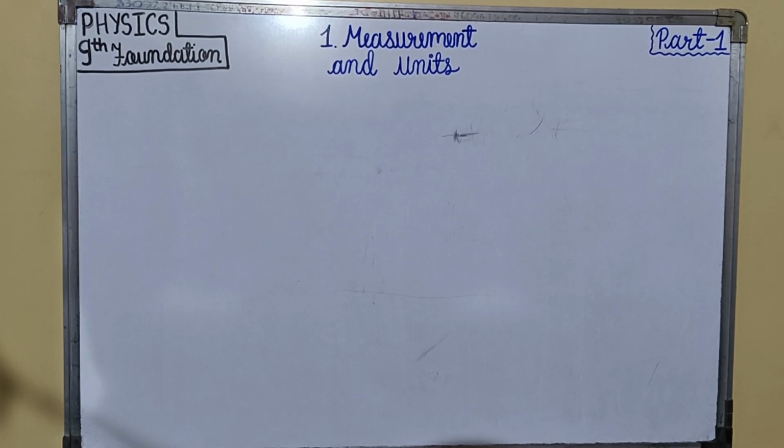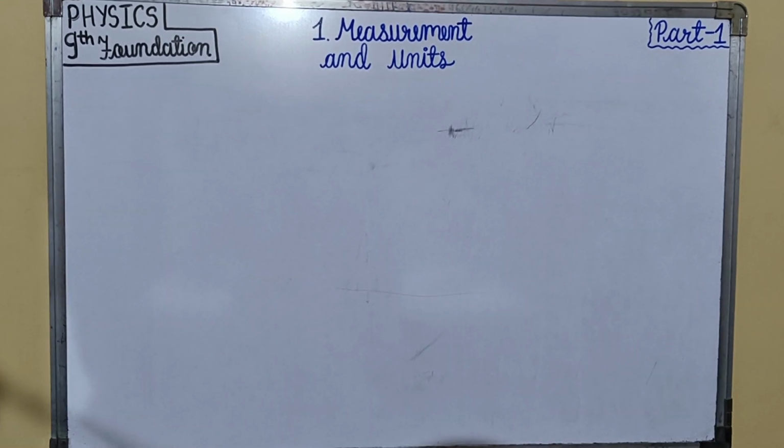Today we are going to learn class 9th foundation of the subject physics. Our chapter number is 1, that is measurement and units. This is part 1.